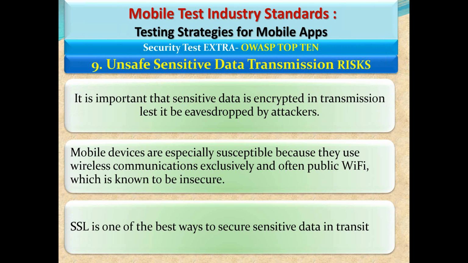And if you go public and use public Wi-Fi, it is very insecure. So a software security layer is one of the best ways to secure sensitive data in transit.